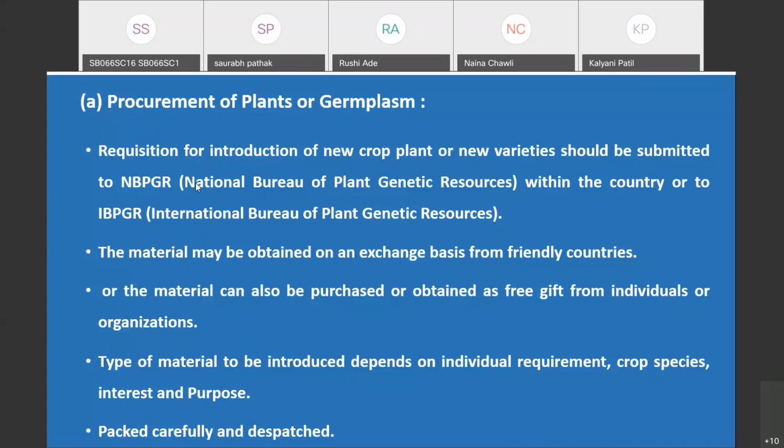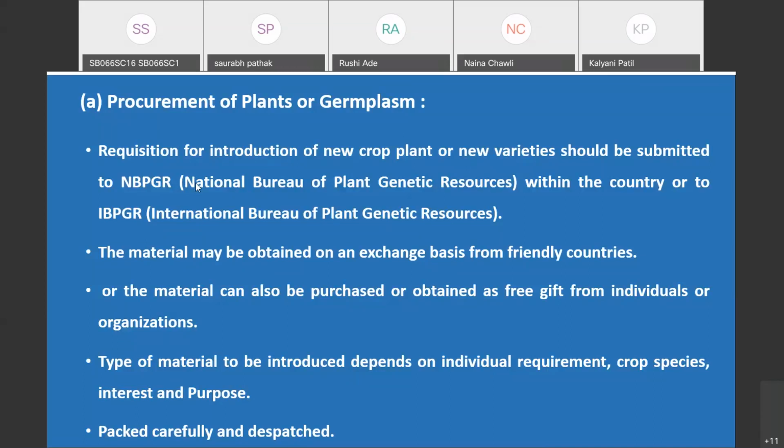That means suppose you know a person or an institute in a foreign country which has the particular material you want, and you just have to write a simple letter to that individual or institute in the foreign country, but a copy of that letter should be sent to the National Bureau of Plant Genetic Resources, so you can get the plant material easily. That is the best method.